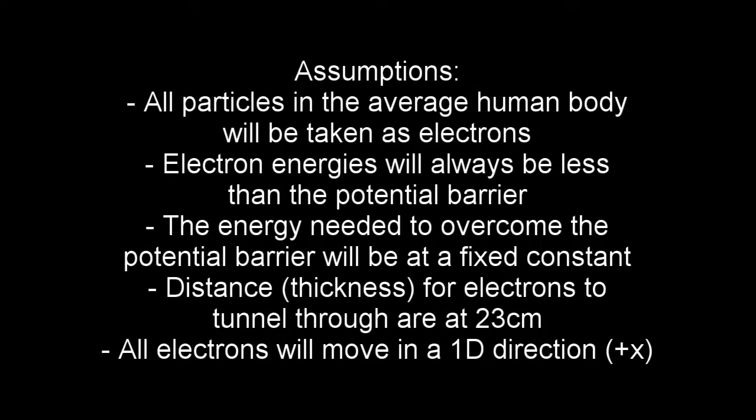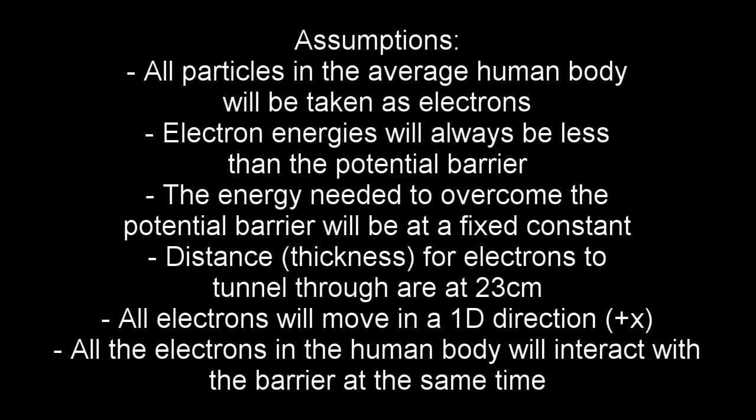Another thing is all the particles in the average human body will interact with the barrier at the same time. So that means that we're going to disregard the fact that the human body is three-dimensional, and we're going to have, I guess you could say, a sheet of particles that collide with the barrier all at once.